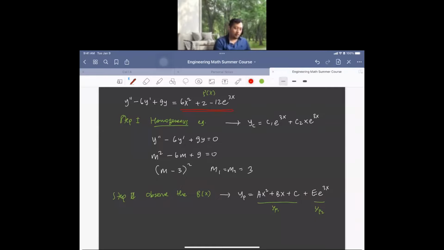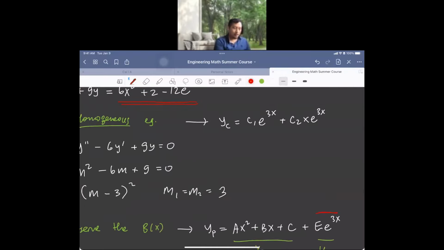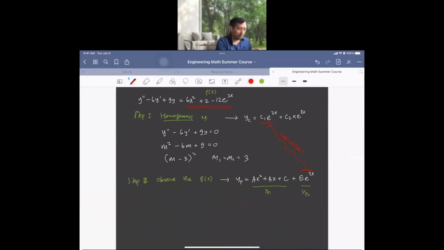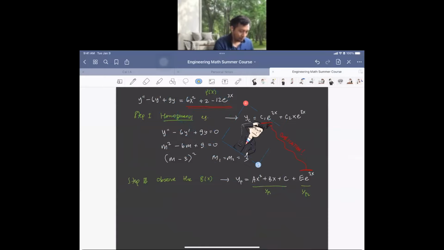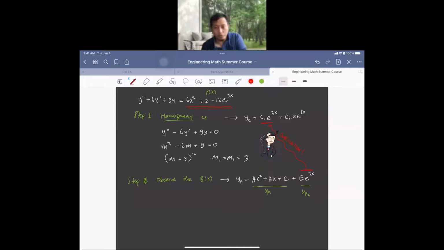Okay, now we see that this e is duplicating. So let me write here, and they give you a warning, duplications. So what we are going to do, we need to multiply with x.